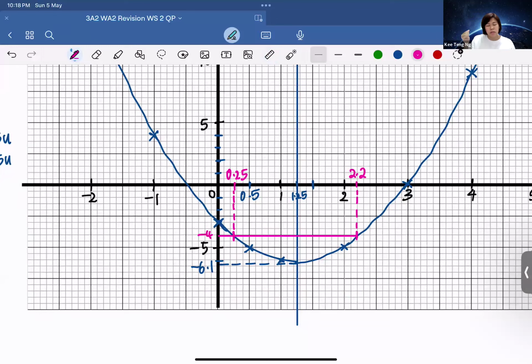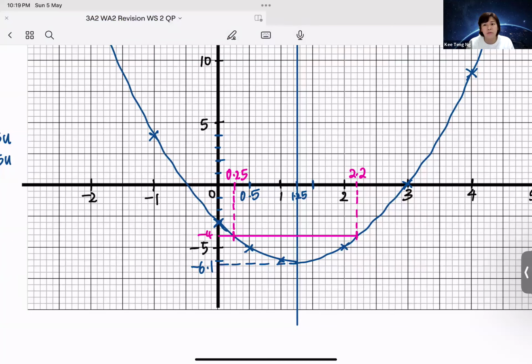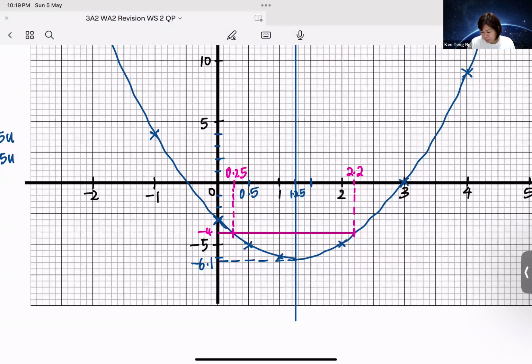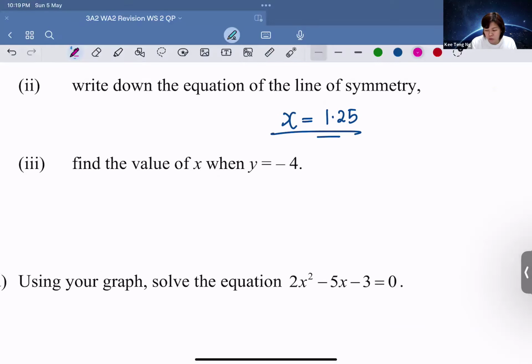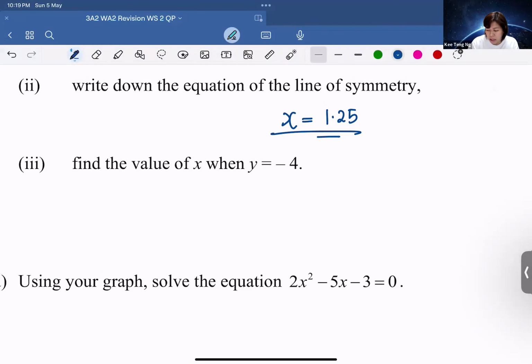Okay, plus or minus 0.1 or 0.01 of a range, not going to vary by a lot. So your accuracy of the graph is still relatively important. So x equals 0.25 and 2.2. The value that x can take is 0.25 or 2.2. Have you gotten the concept?